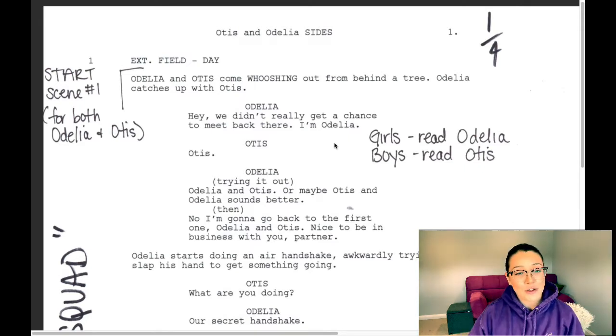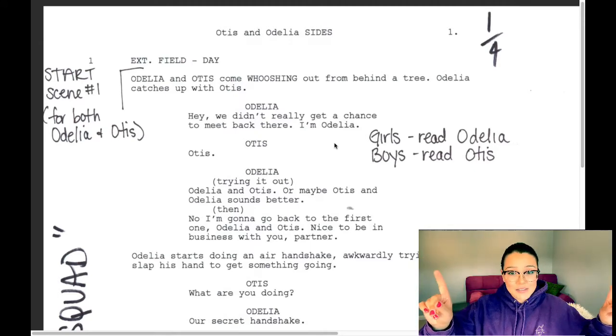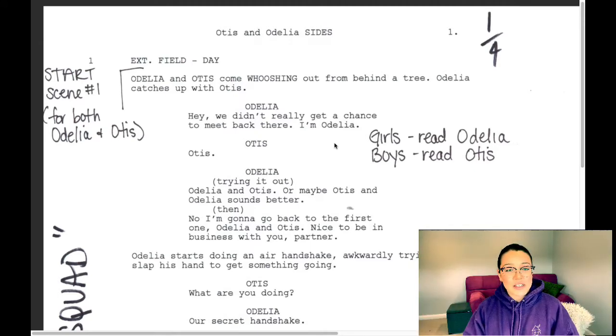Exterior film day. Odelia and Otis come whooshing out from behind the tree. Odelia catches up with Otis. Hey, we didn't really get a chance to meet back there. I'm Odelia. Otis. Odelia and Otis, or maybe Otis and Odelia is better. No, I'm going to go back to the first one. Odelia and Otis.